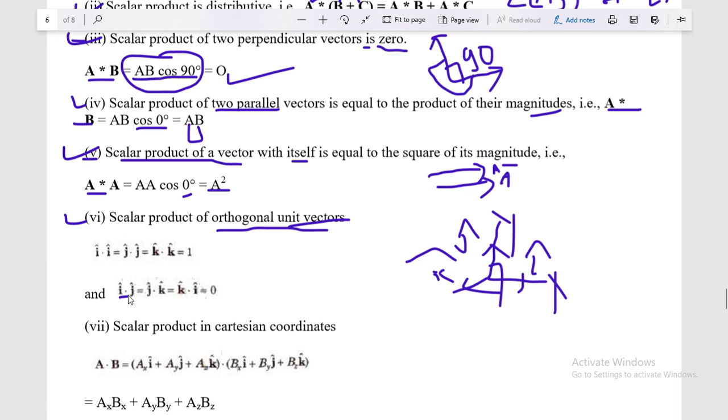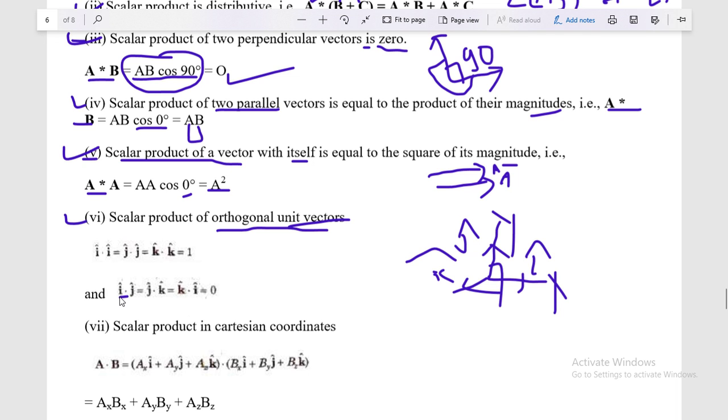i dot j is defined as the magnitude of i into magnitude of j into cos of the angle between i and j. Since we know that the angle between i and j, or j and k, or k and i is 90 degrees, cos 90 for all these pairs is 0.